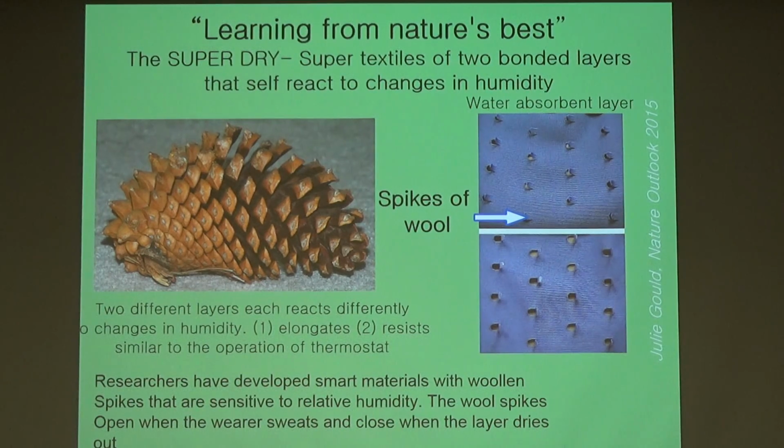This is a very basic interpretation of that pine cone structure, but it has a similar functionality. So these woolen spike structures based on that pine cone open when the wearer would sweat, so when the humidity increases, these little things open out and allow air to flow through and reduce the humidity. And then when it's in a dry state, they close up again.